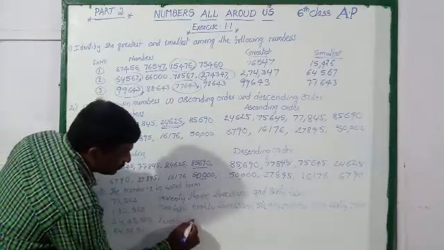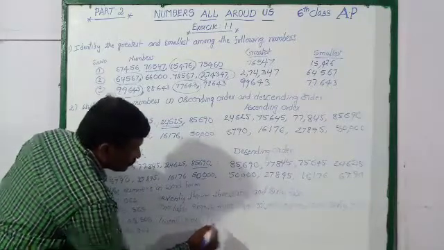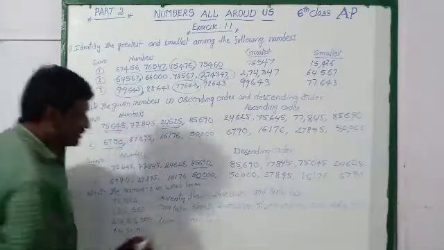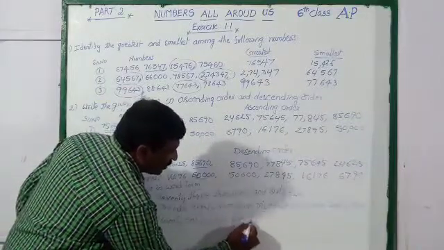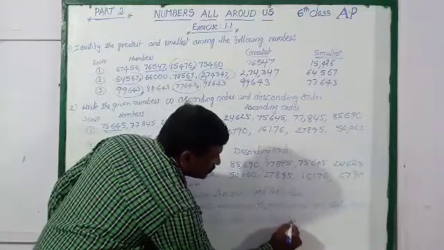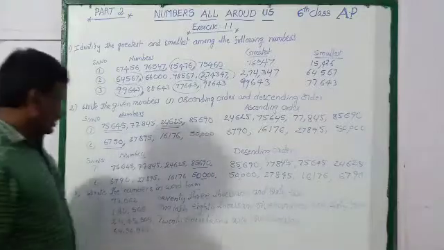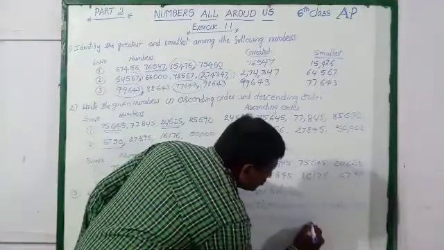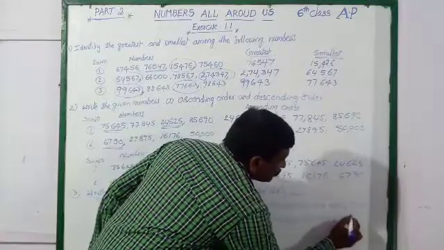24,000, 4 lakhs, 24 lakhs, 45,000, 45,500 and 5.